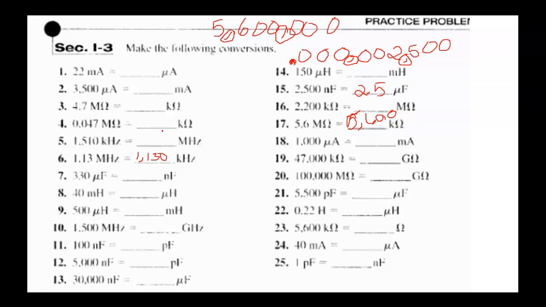Did I do it wrong? In this case, yes, because what you're starting out with is 4,700 kilos. So you're starting out in kilo first. The last decimal is supposed to be here.